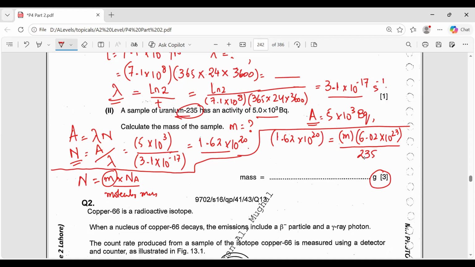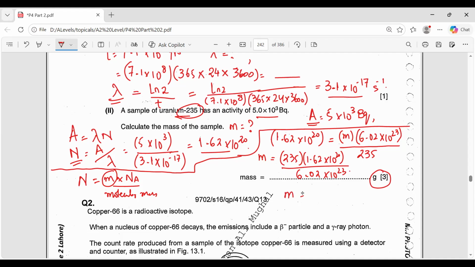So this 235 will be multiplied with 1.62 into 10 power 20 and divided by the Avogadro number. So at the end, what mass are we going to get? 235 into 1.62 into 10 power 20, whole divided by 6.02 into 10 power 23.